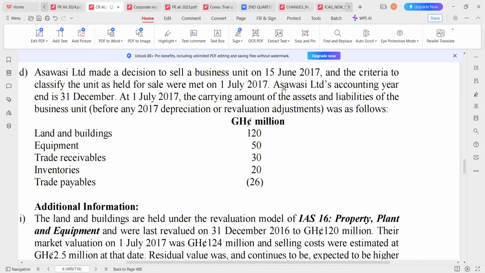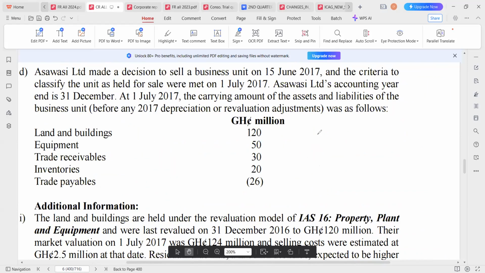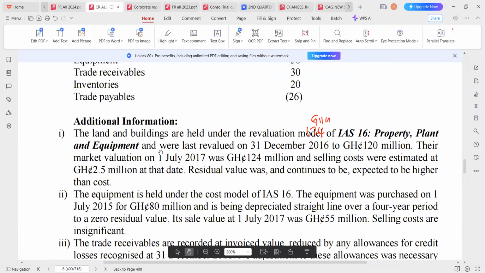So if I'm doing my computation, what is the actual carrying amount of the land and building? 124. That's all. We are done. Let's go to note 2.